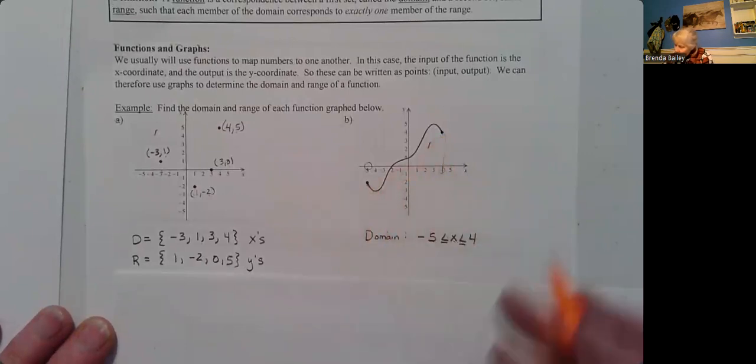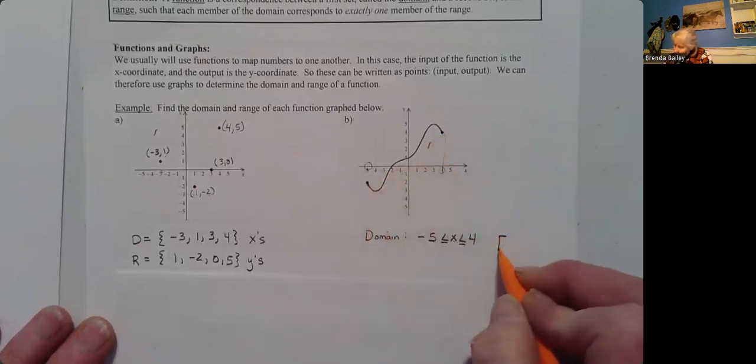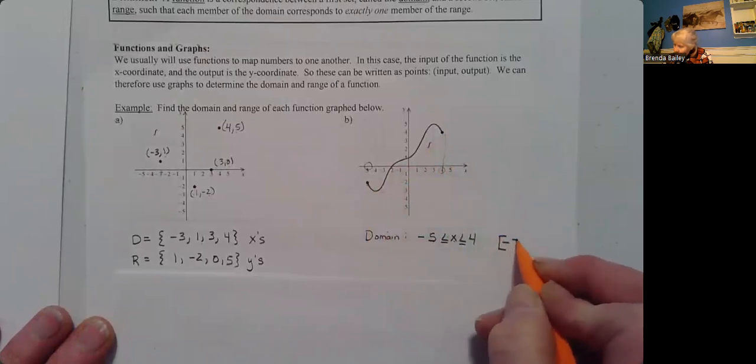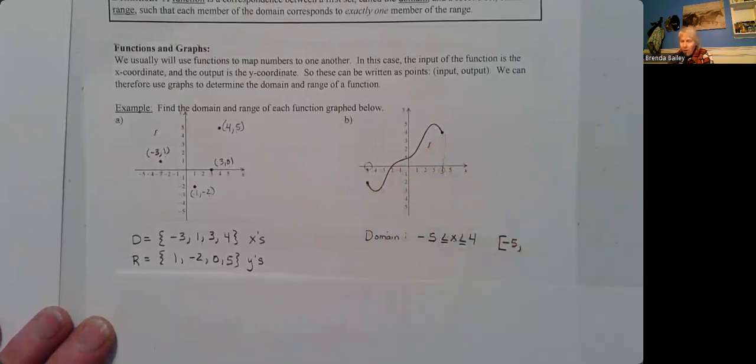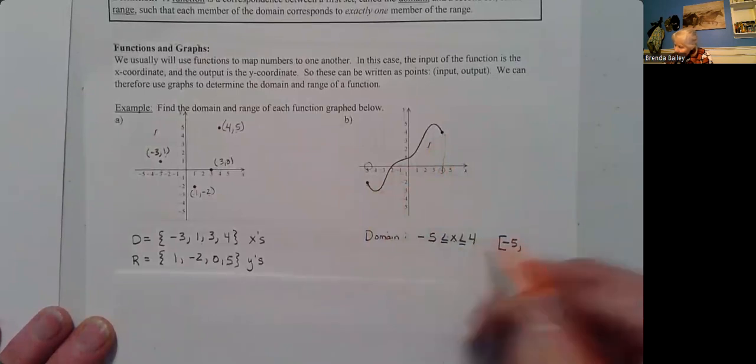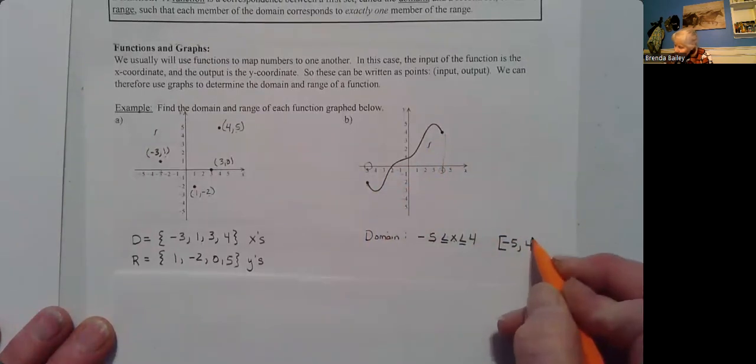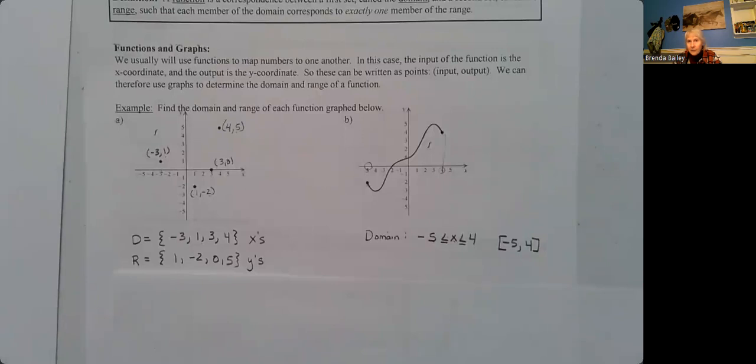Interval notation: the bracket means that it's included, to 4. So -5 to 4, including the -5 and the 4. And again, I'm hoping that you've seen interval notation in your past math classes. Both of these are correct.